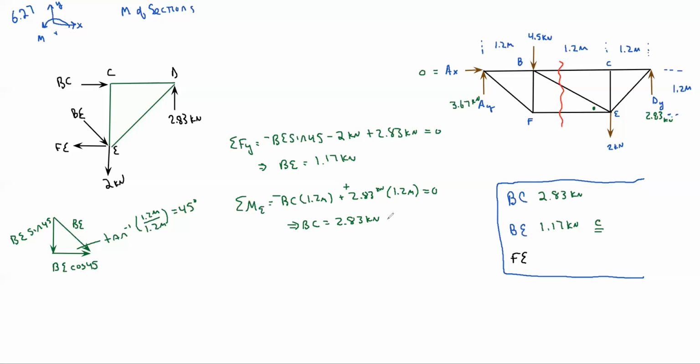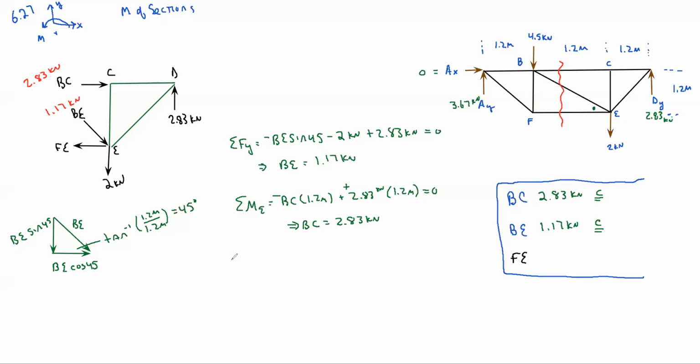I've got that going into C. I've got a positive, so compression. Just means I made a correct guess again. Let me go ahead and add that up here. So this was 2.83, and BE is 1.17 kilonewtons. Okay, there we go.